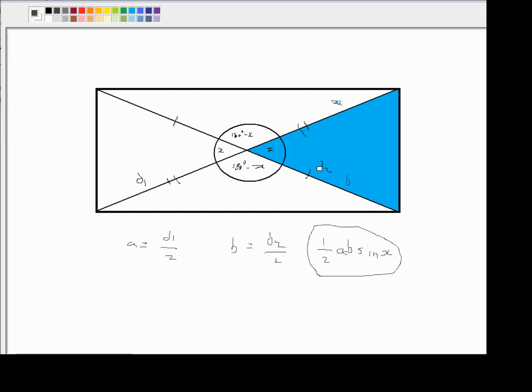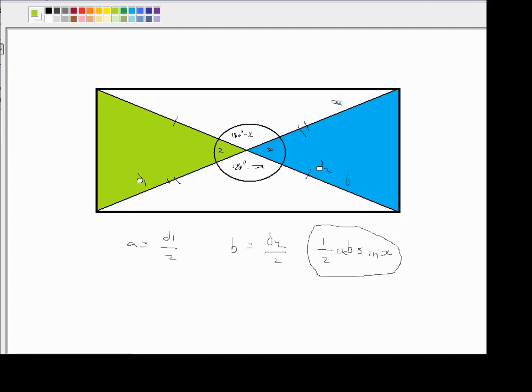Alright, so what else can we know? Well, we can know that there's another triangle that's going to be congruent, and that's this triangle, because this length is the same as this length, and this length is the same as this length.